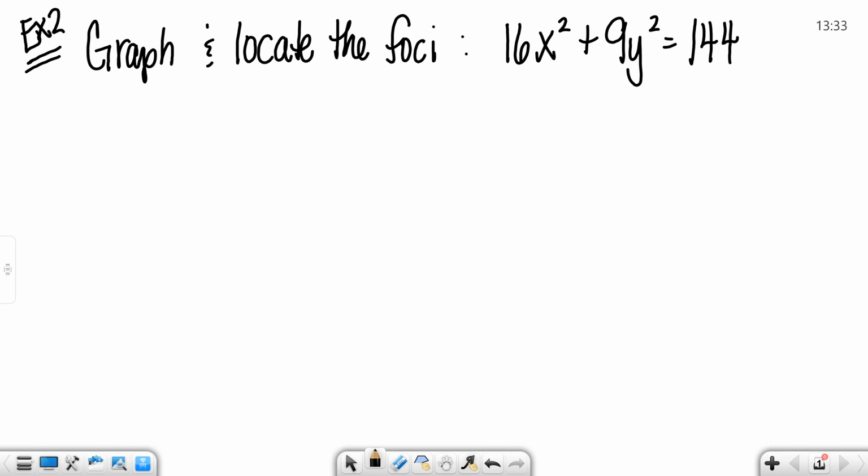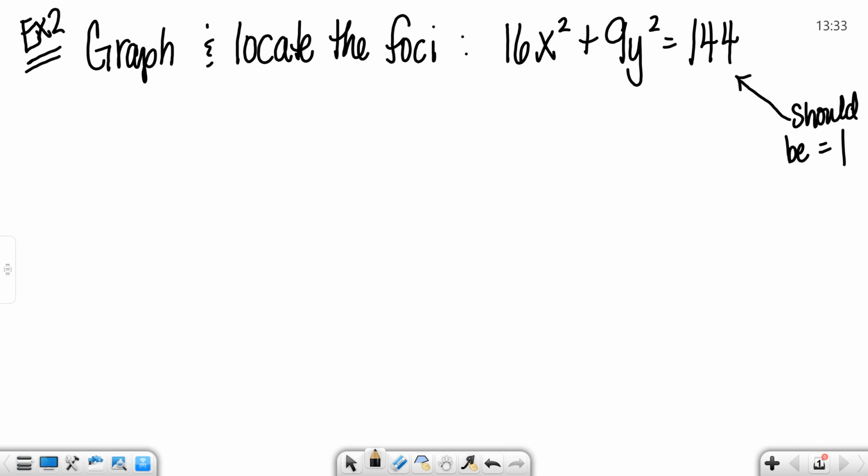Okay, so when I look at this equation, that doesn't look right. That is not what the standard form of my ellipse looks like. The standard form of my ellipse should be equal to 1. Well, this is equal to 144.